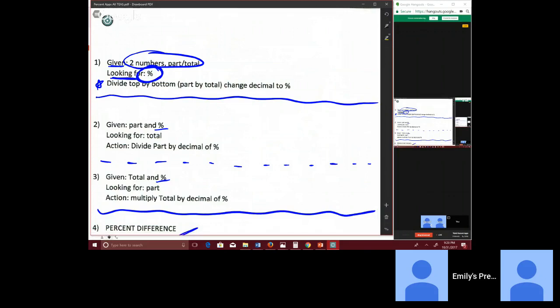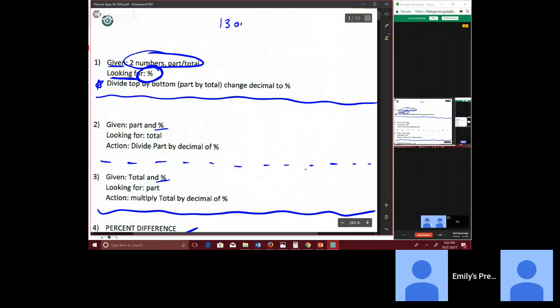So that would be something like saying 13 out of 30 club members are female and asking what percent. So you'll always see what percent of the club is female.